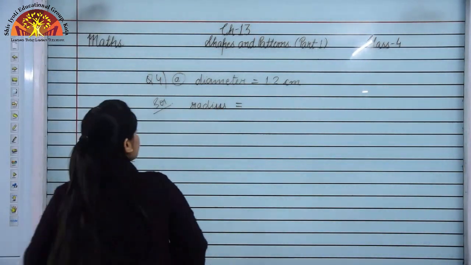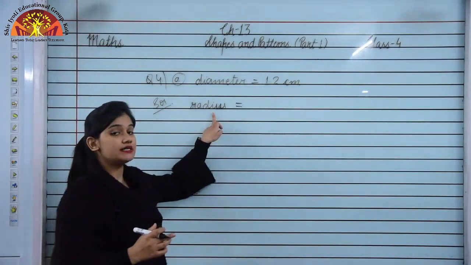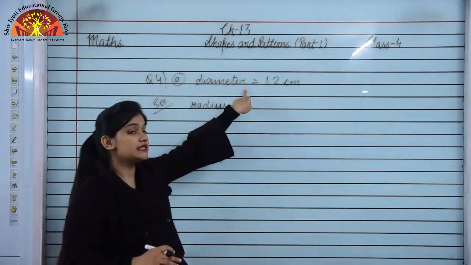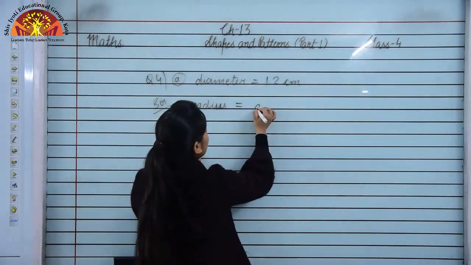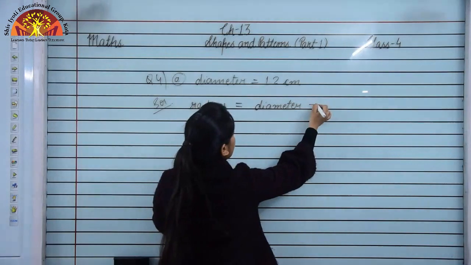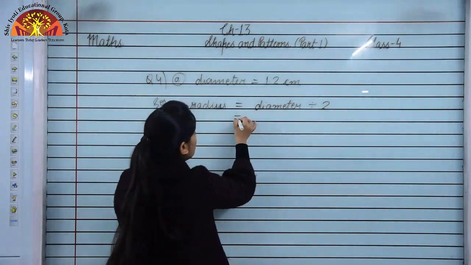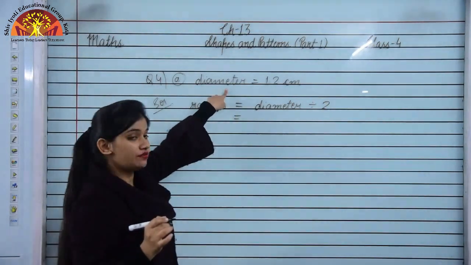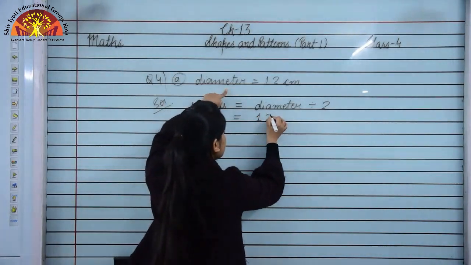So now, as we know, radius is half of the diameter. So we have to do diameter divided by 2. Now what is the value of diameter? It is given in the question, 12 centimeter.